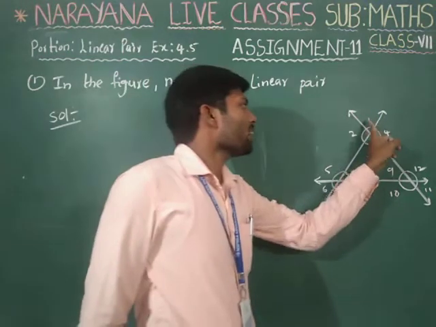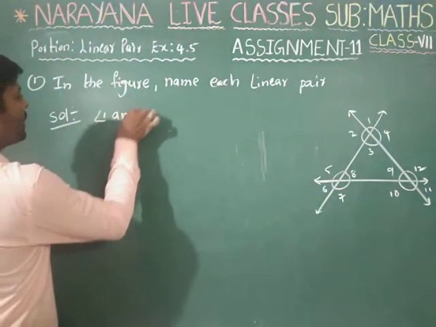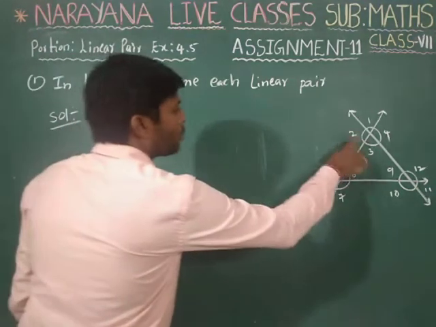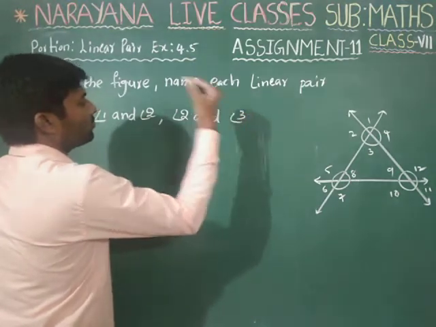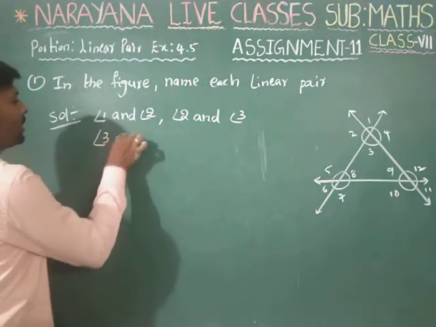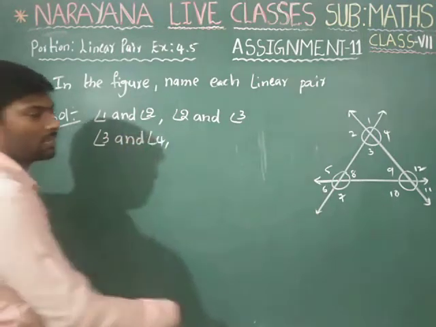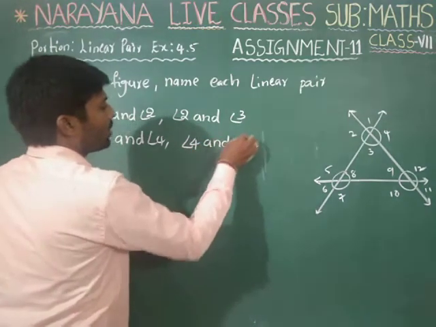Angle 1 and angle 2 can form a linear pair. Next, angle 2 and angle 3. Next, angle 3 and angle 4 can form a linear pair. Similarly, angle 4 and angle 1 also.